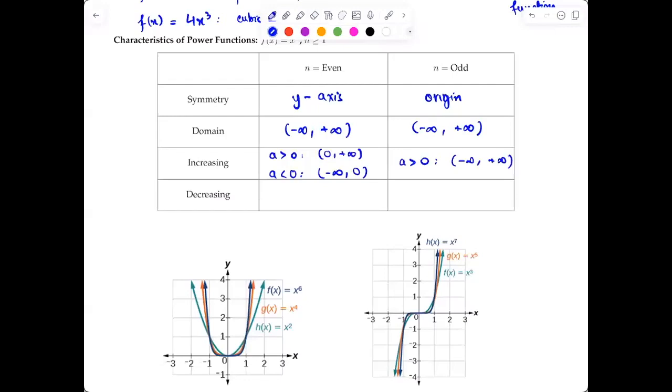Now, when you have a negative leading coefficient, the function will always be a decreasing function. So I'm going to cover that in the next row. For odd functions, when the leading coefficient is negative, it is from negative infinity to positive infinity.